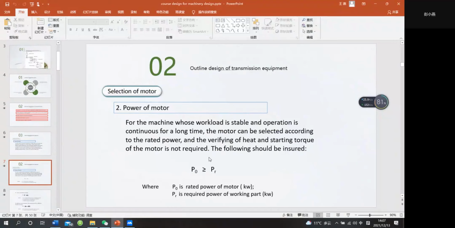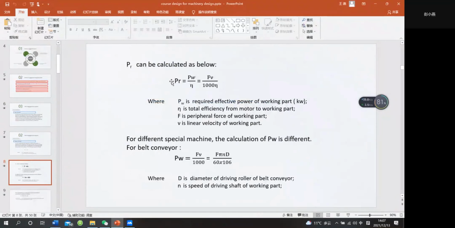It should satisfy that the rated power is larger than the required power, and the required power can be calculated as below.